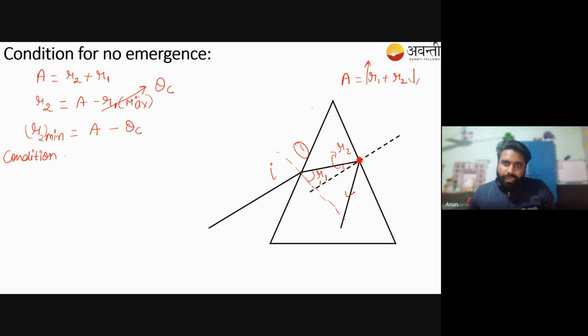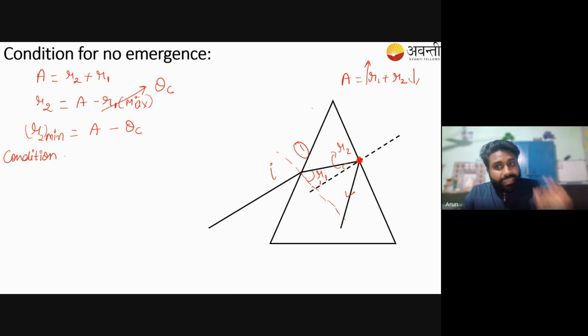I have calculated the minimum value of R2, which is A minus theta c. If this minimum value exceeds theta c, which is the critical angle for boundary 2, what will happen? There is no emergence.